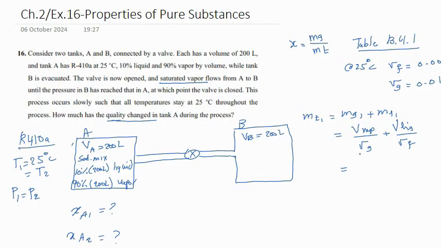Now we know that the volume of the vapor is 90% of the total volume, so that is 0.9 of the V total, and the liquid is 0.1 of the total volume.